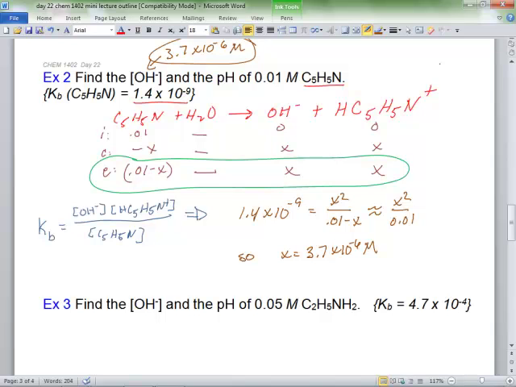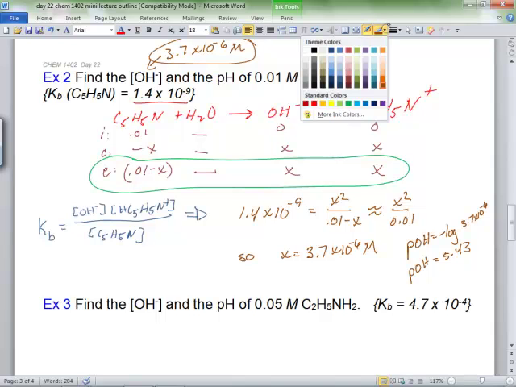Take the log of it, and you'll have pOH. pOH is the negative log of 3.7 times 10 to the negative 6, and that's 5.43. And then to get pH, remember pH plus pOH is 14.